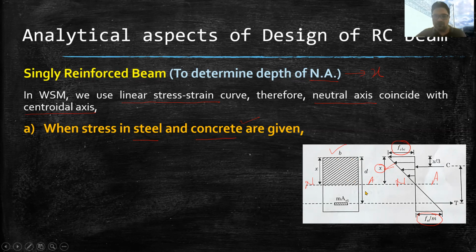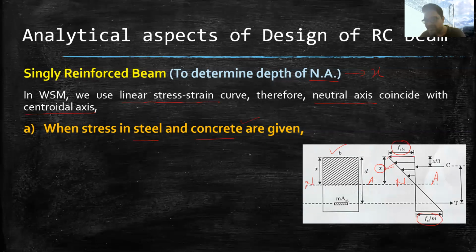Well, we use a property called the similar triangle property. Try to understand this triangle. The triangle above the neutral axis is this one, and the other triangle is this one. This value is equal to fst by m.